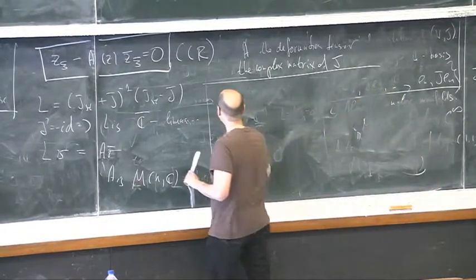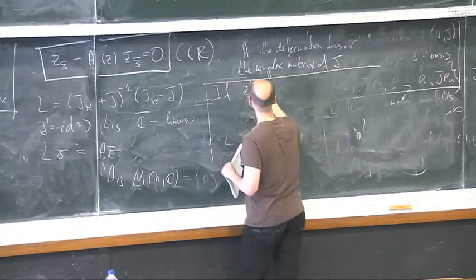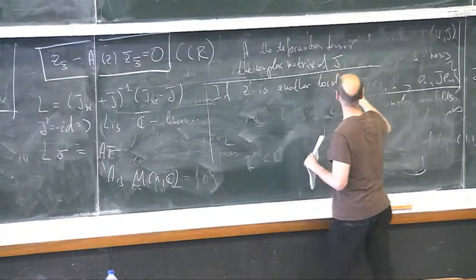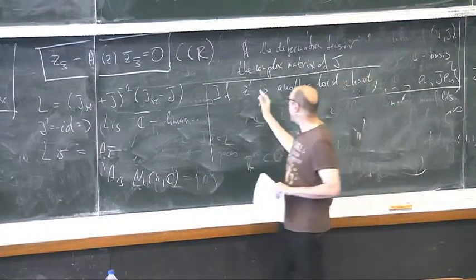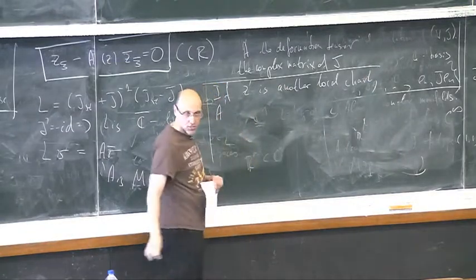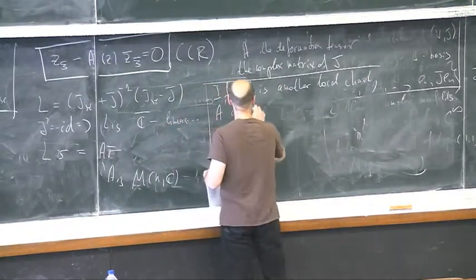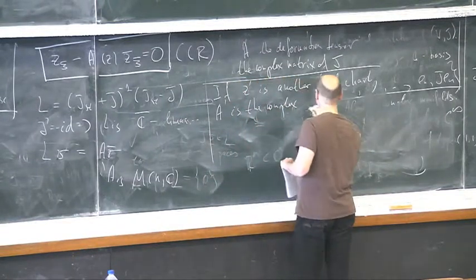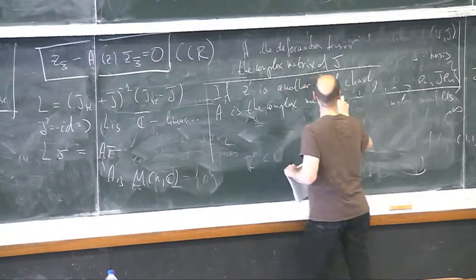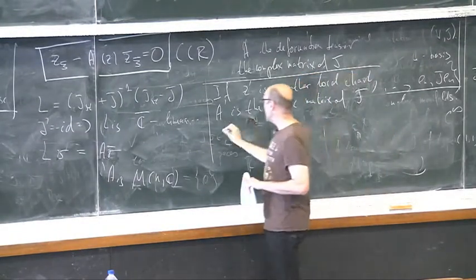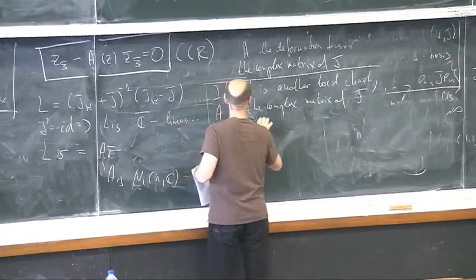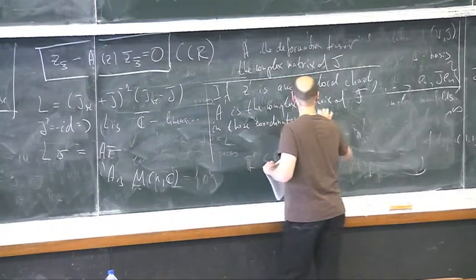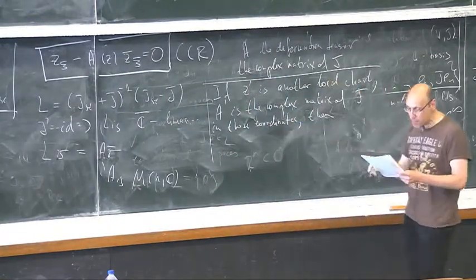So, if Z prime is another local chart and A prime is the complex matrix of J in these coordinates, then the relation between A and A prime is the following.